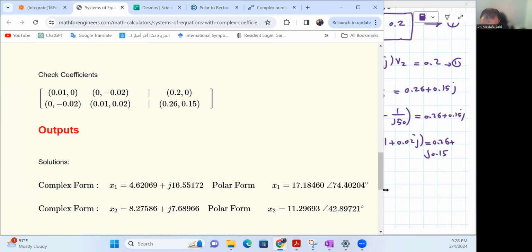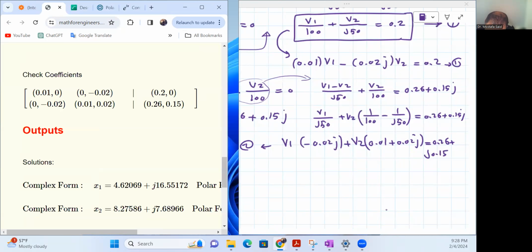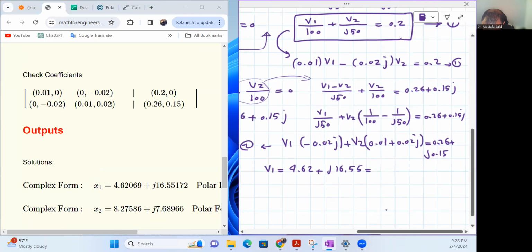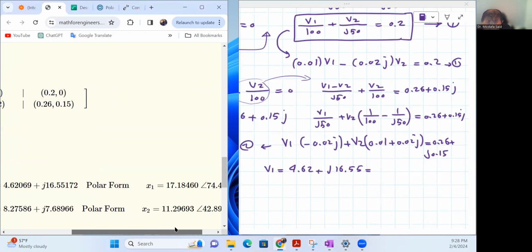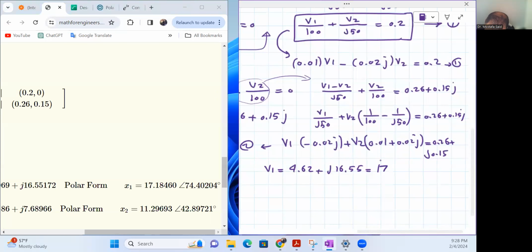So what do we get? We get V1 equal to 4.62 plus J16.55, which in polar is 17.18 angle 74.4.